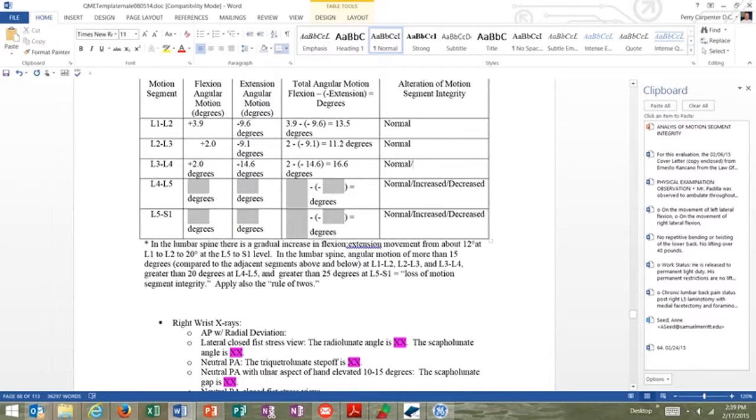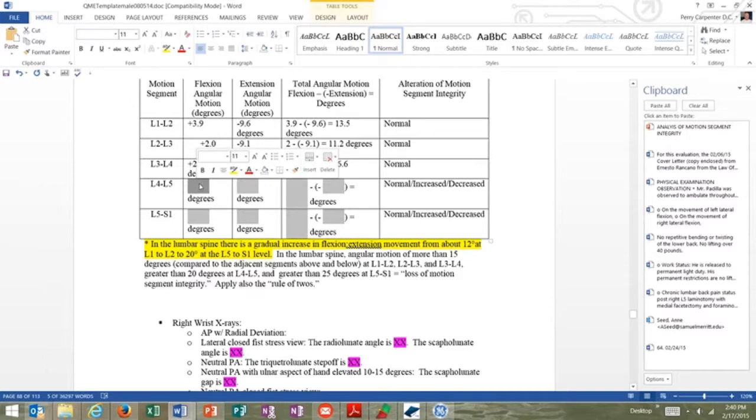In fact, I would expect that this segment of the spine would have about 16 degrees of angular motion, increasing from 12 to 14 to 16 to 18 to 20 degrees, as it says here, 20 degrees at the L5 to S1 level. That's what it says according to the AMA guides, and so I conclude that that's roughly normal.